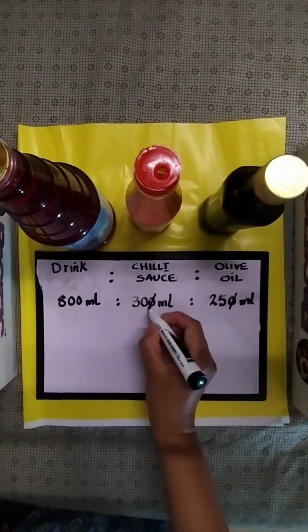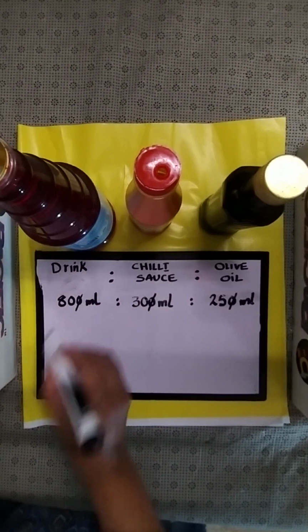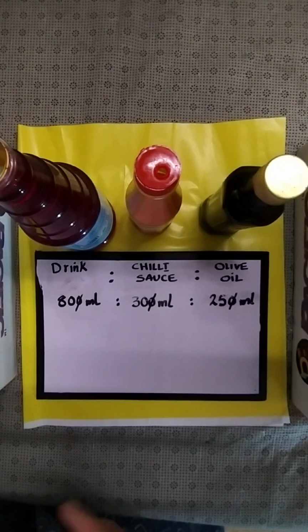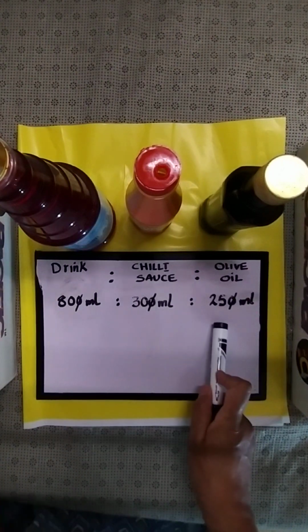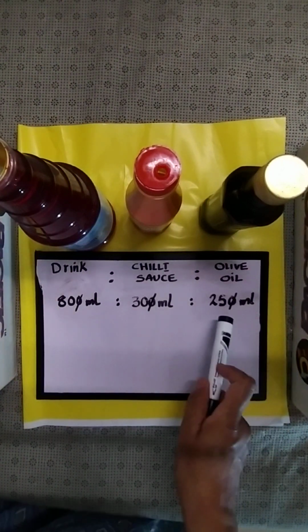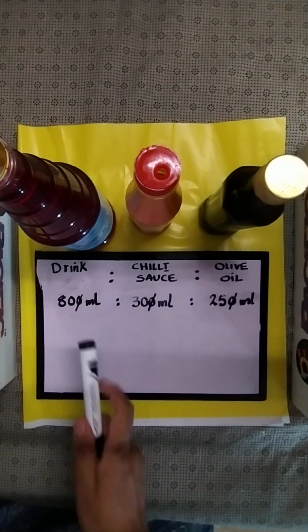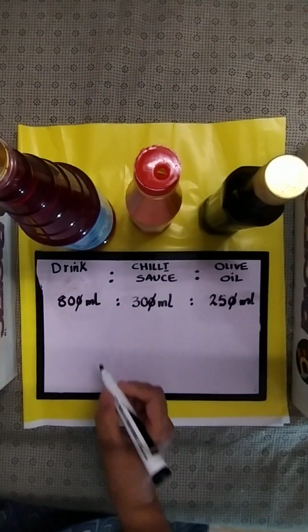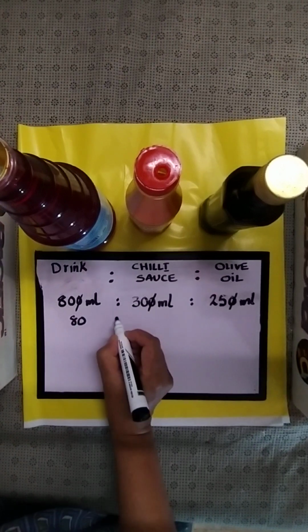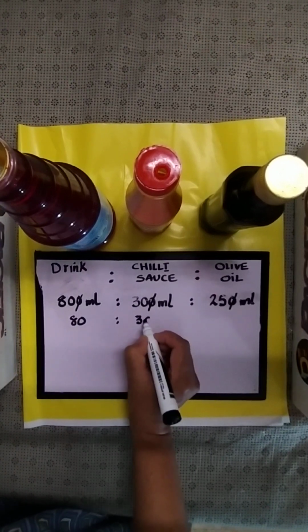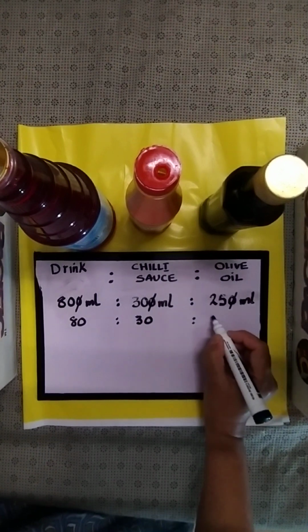Then I'll cut another zero from here, and then another from here. So I have cut one zero from each side. Okay, there are 3 items. So now when I've cut the zero from here, I am left with 80 ratio 30 ratio 25.